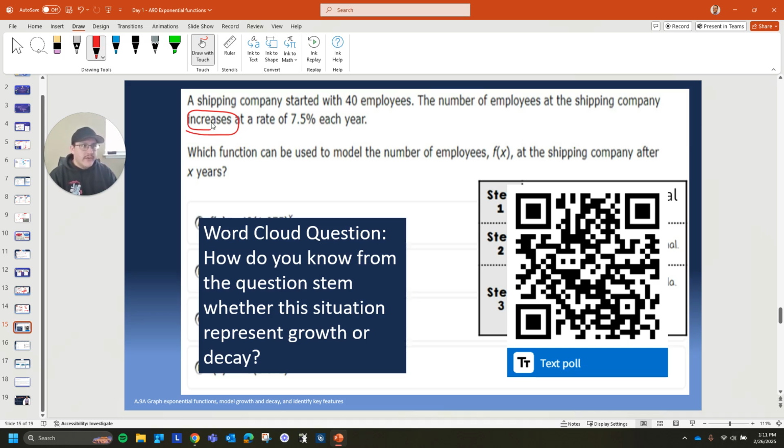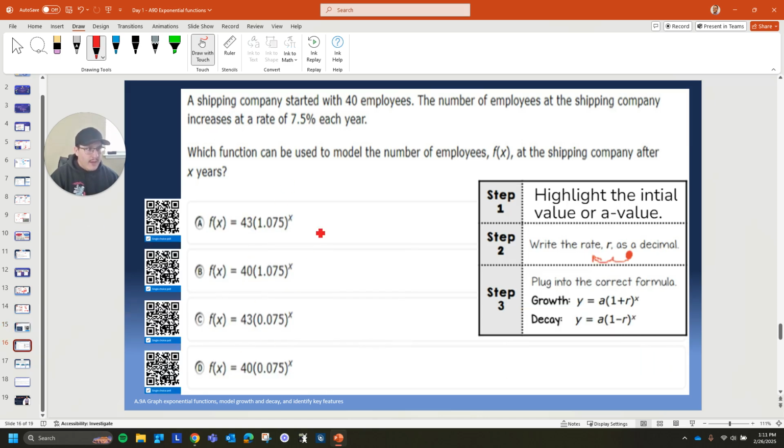Increases. Increases tells me that this is going to be exponential growth, or at least a growth in general. But when you look at each of the choices, we now see, oh, this is exponential growth.